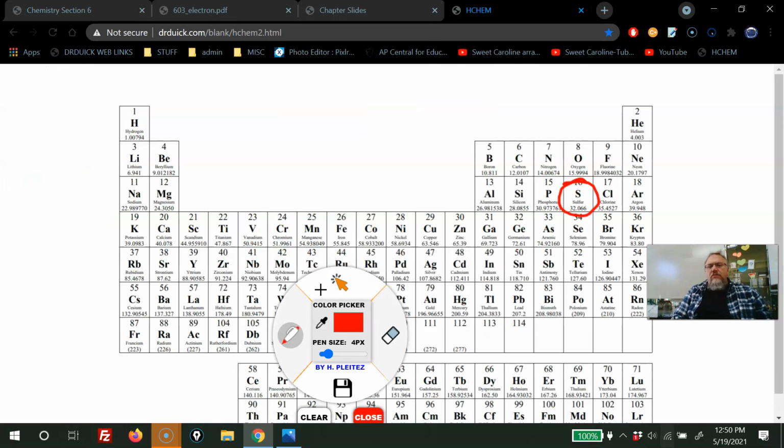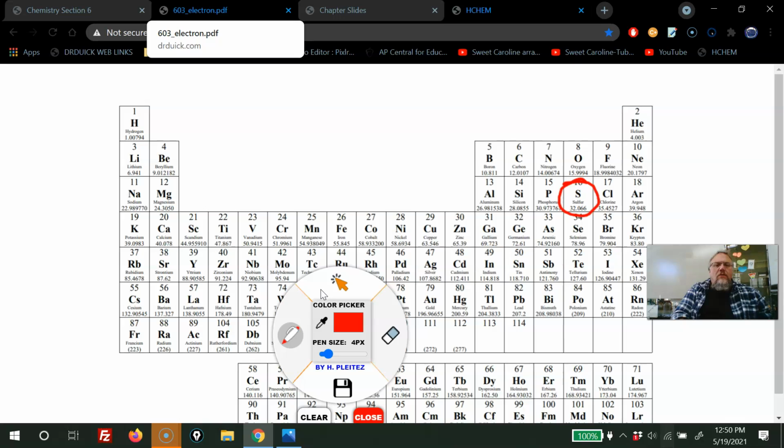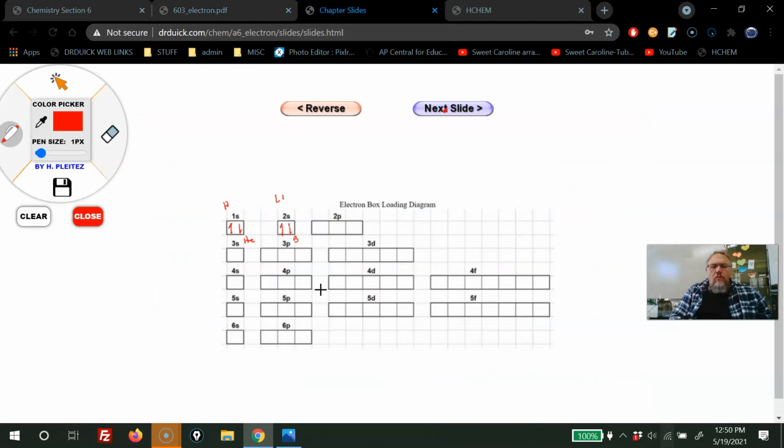Boron, carbon, nitrogen, oxygen, fluorine, right? So we're going to go boron. This is what carbon would look like. This would be nitrogen. Then we have oxygen. Then we have fluorine. And our last one down would be neon, okay? That's what it would look like. So you can just imagine the rest on back is what it's supposed to look like, okay?